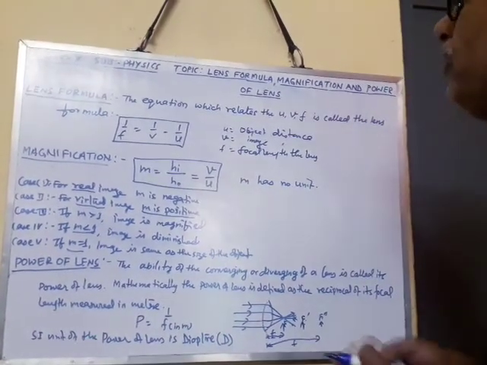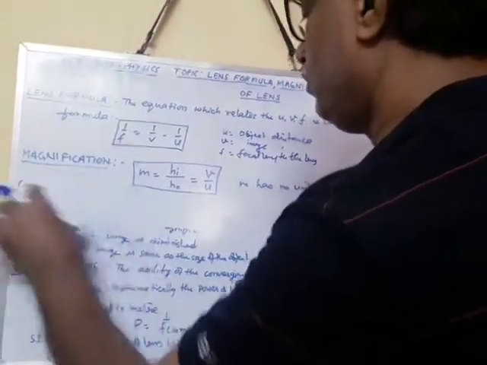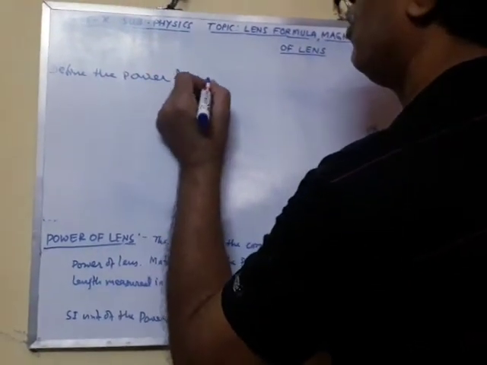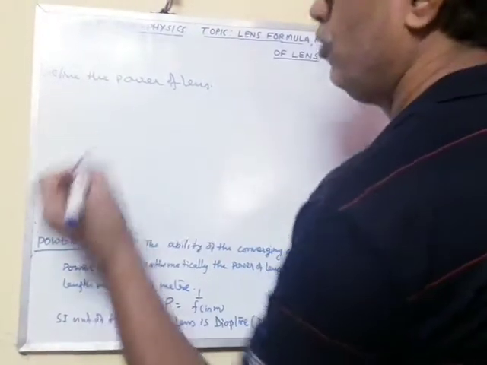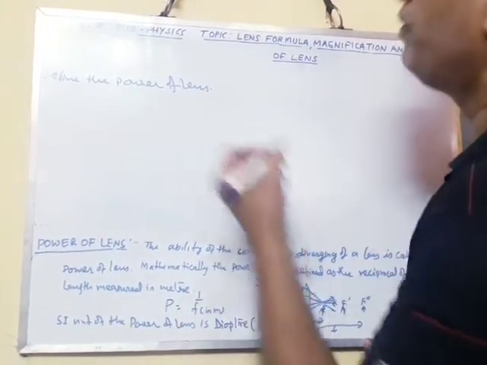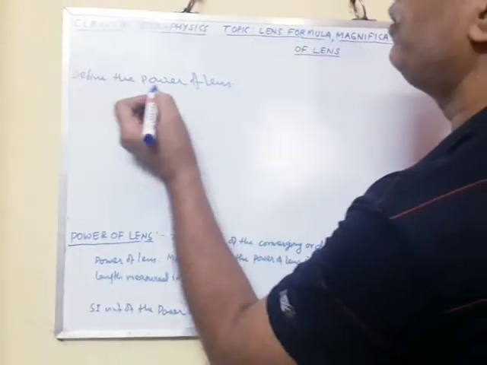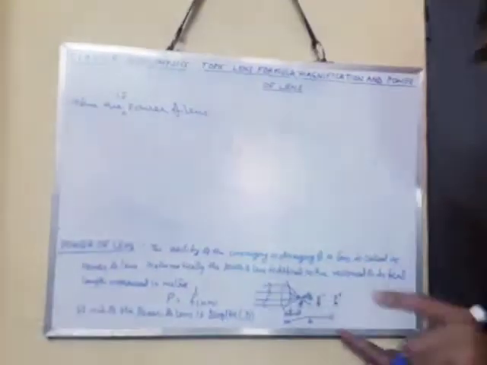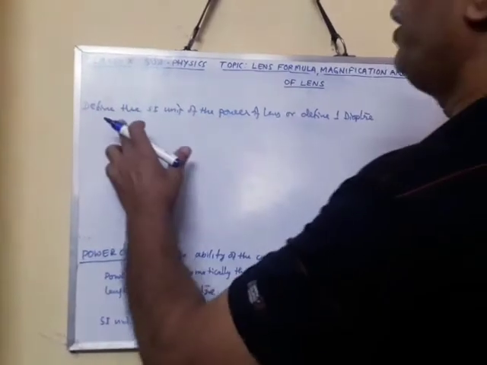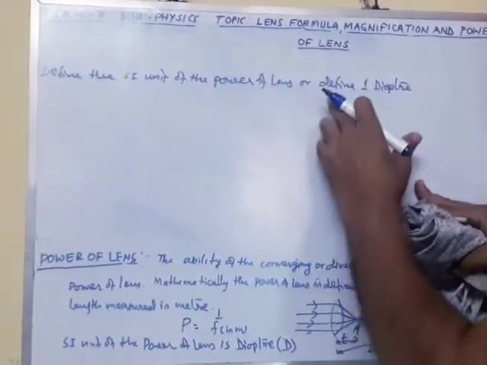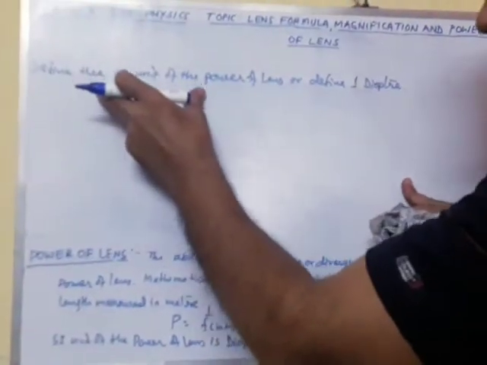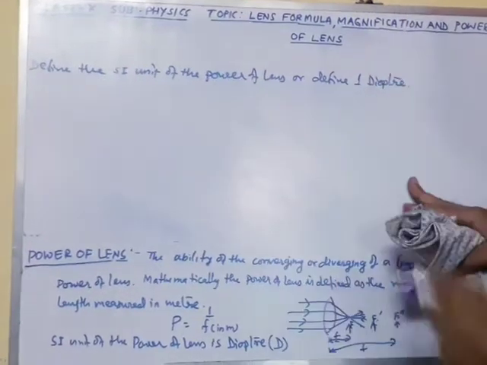Define the power of lens. Define the SI unit of power of lens, or define 1 diopter. These questions are the same, the sentences are different but the answer is the same.